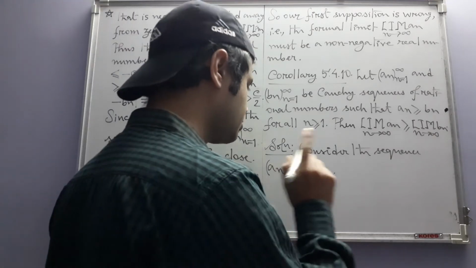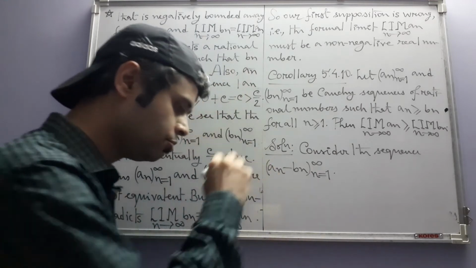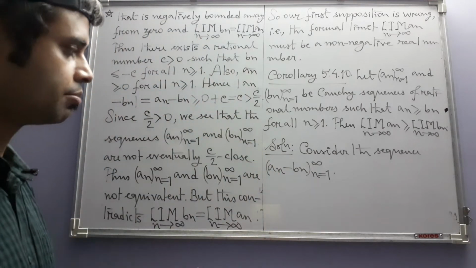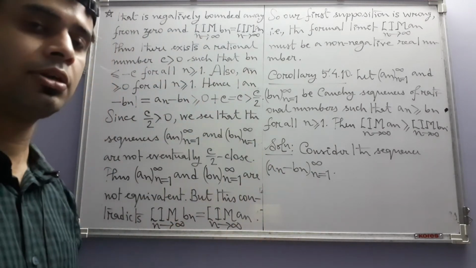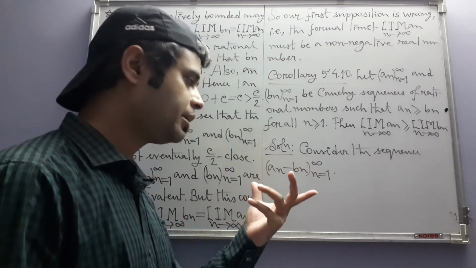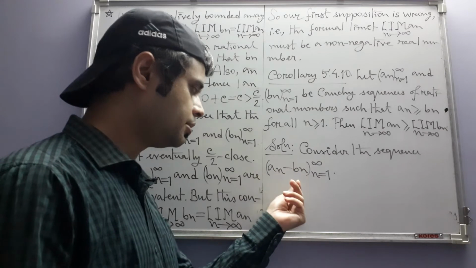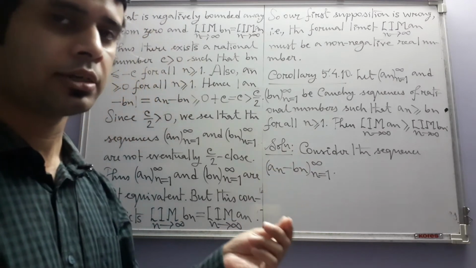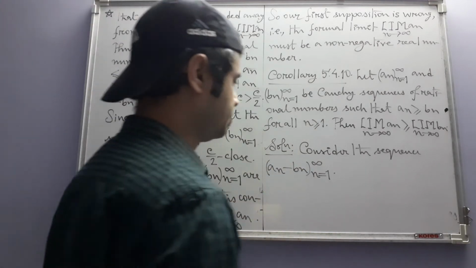And then we also proved that if we have two Cauchy sequences of rational numbers, then their sum is also a Cauchy sequence of rational numbers. So combining those two things, this is a Cauchy sequence of rational numbers.